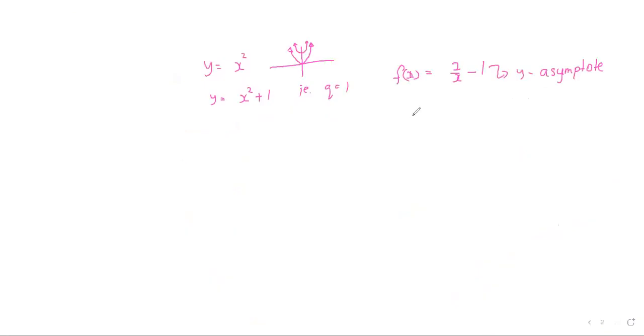You see it's going down, so it passes the x-axis at y is equal to 0. So 1 will equal 2 over x, same as 1 over 1. By invertendo, we have 1 over 1. Therefore, x will equal 2.